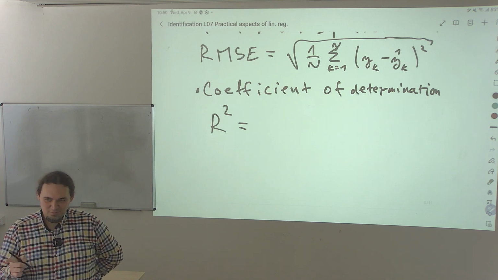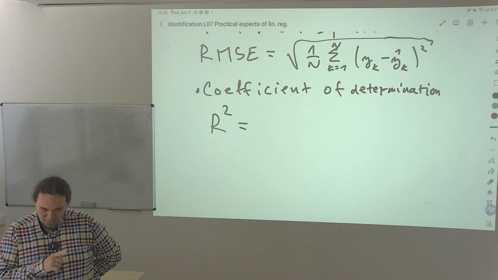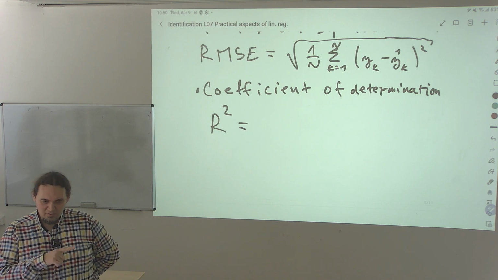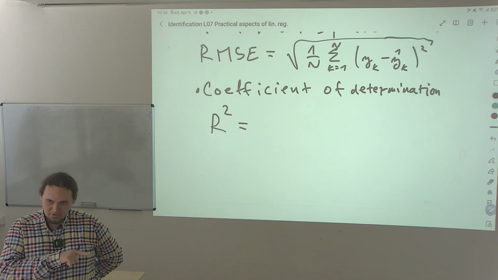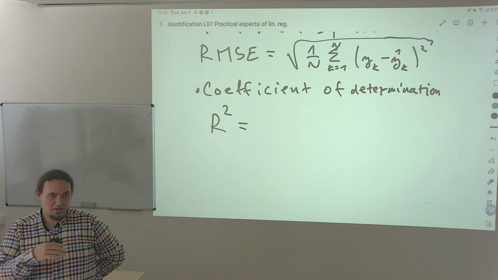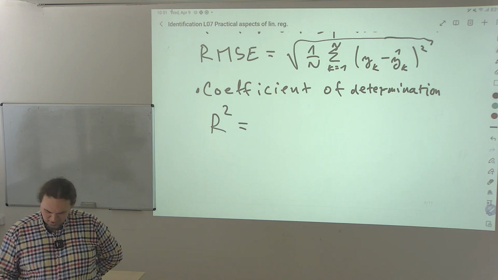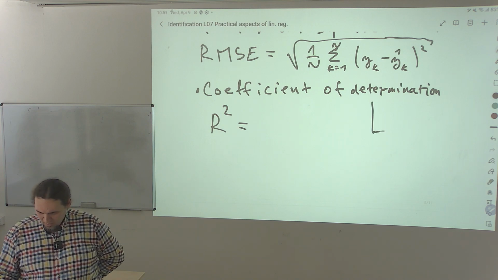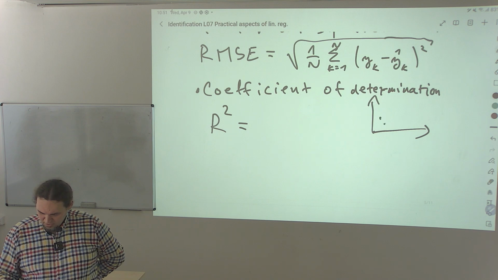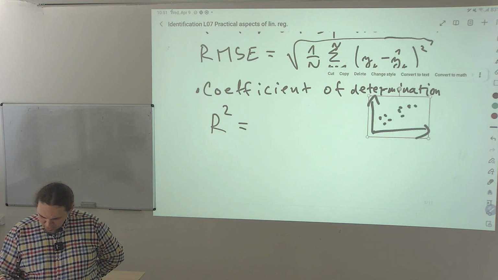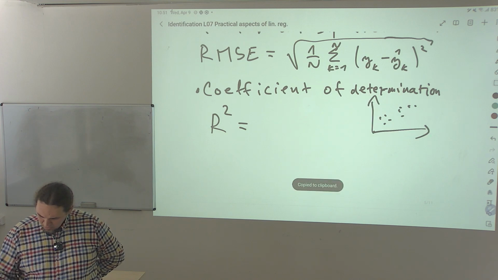This coefficient tries to determine whether the model that you built is better than just doing a simple fit, let's say by a constant. Let's draw it. Let's say that this is how my data looks.